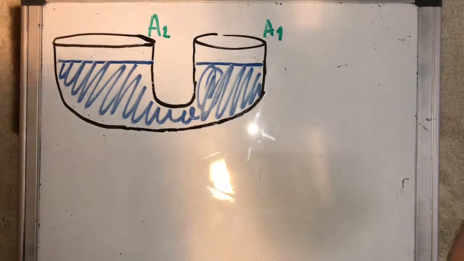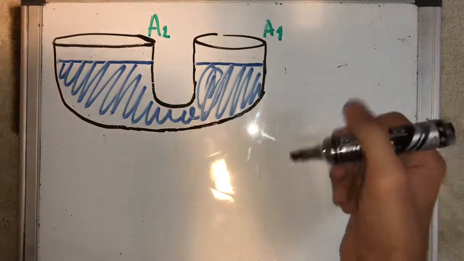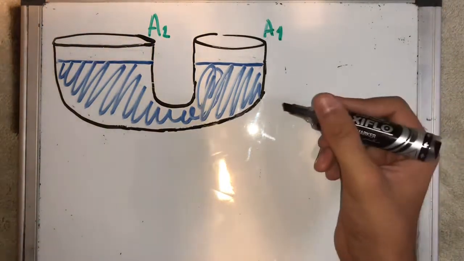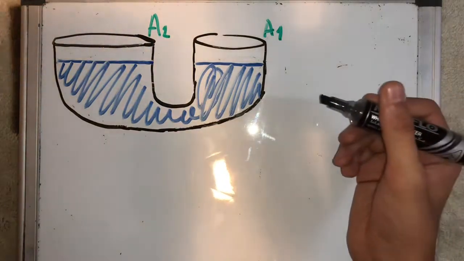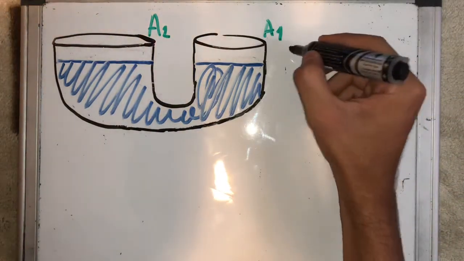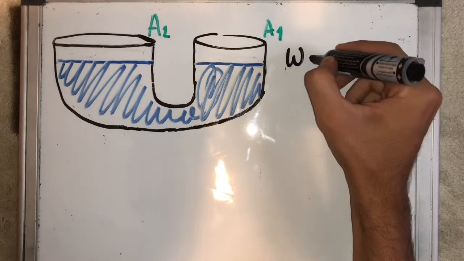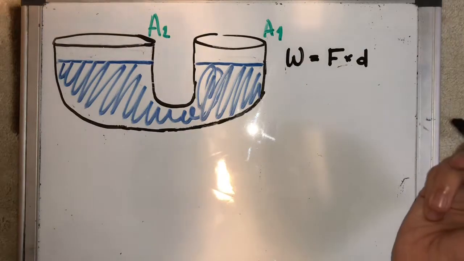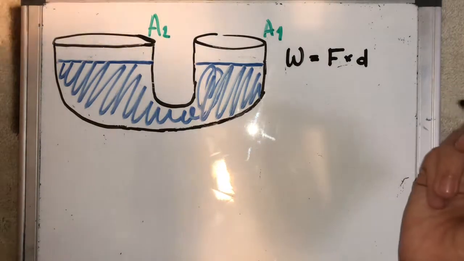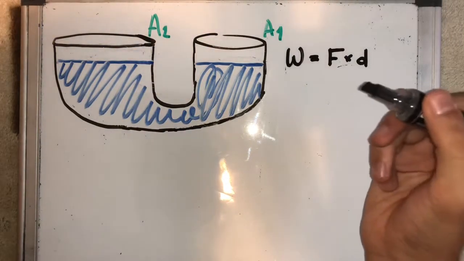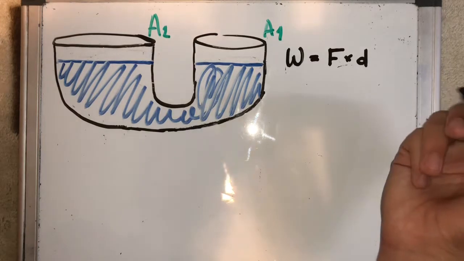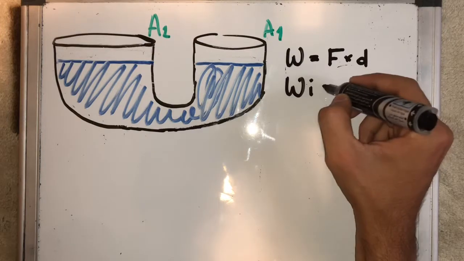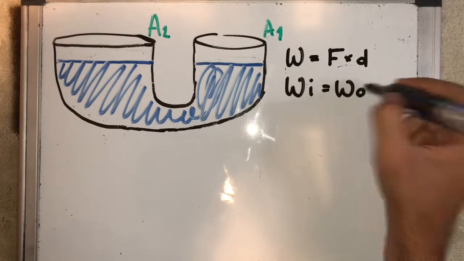Alright, so let's try to find some rules related to this concept of fluids based off of this container here. From the previous units, we know that work equals force times distance. Other than that, we also know that the work put into the system equals the work put out of the system, so work in equals work out.